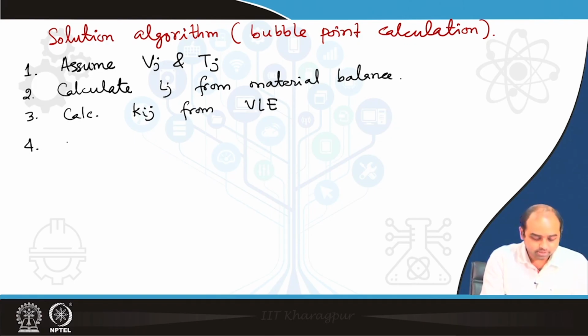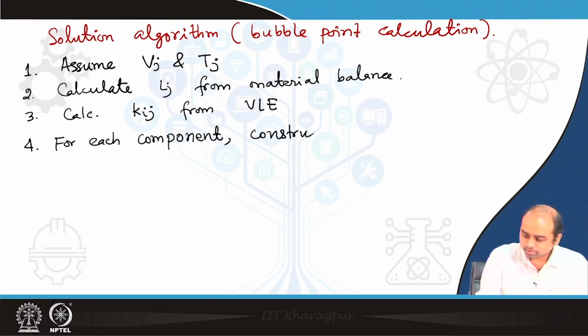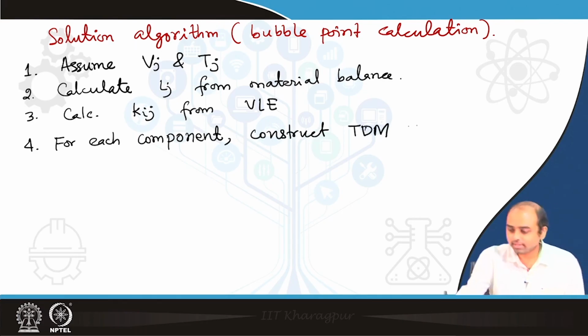The next, fourth step is, for each component, construct this tridiagonal matrix and solve for the tray composition.